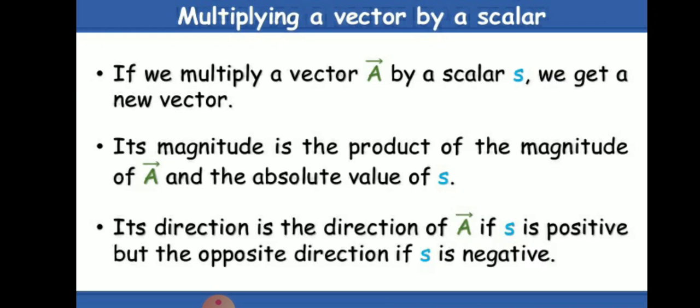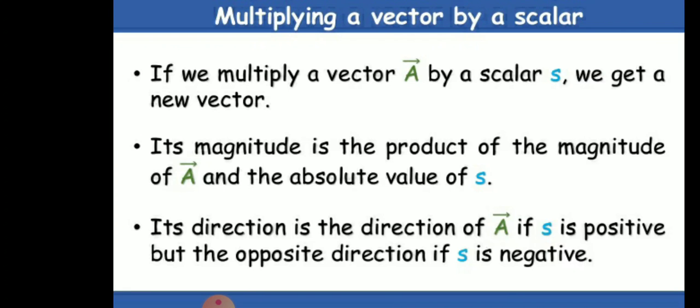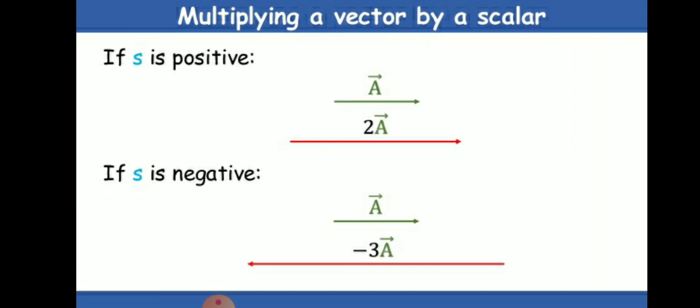If you are multiplying a vector by a scalar, the resultant value is a vector, and its magnitude is the product of the magnitude of vector A and the absolute value of the scalar. Its direction is the direction of vector A if s is positive, but the opposite direction if s is negative. It depends on the value of the scalar. See it here.